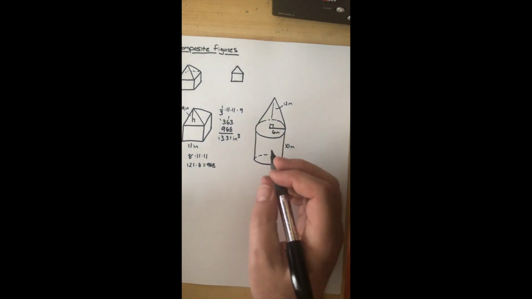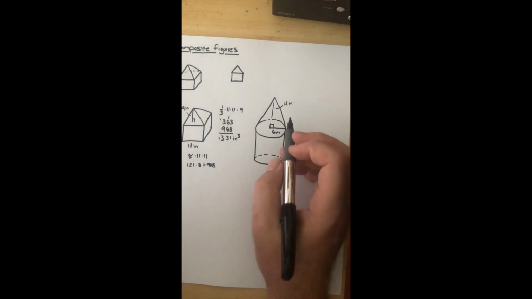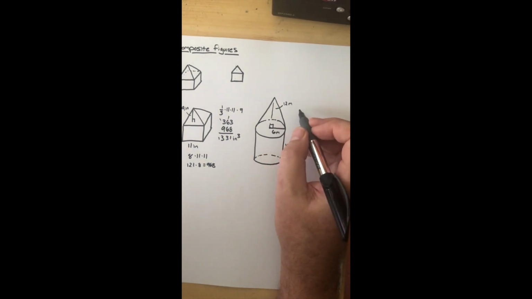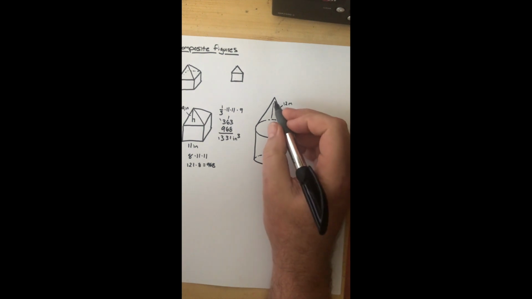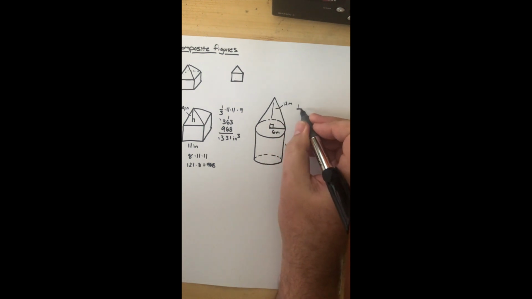Okay, so we're finding volume still. So the volume of a cone is the same formula as the volume of a pyramid. It's 1/3 the base area, which is the area of the circle, times the height. Or as I like to say, 1/3 of the pies are squared homes.